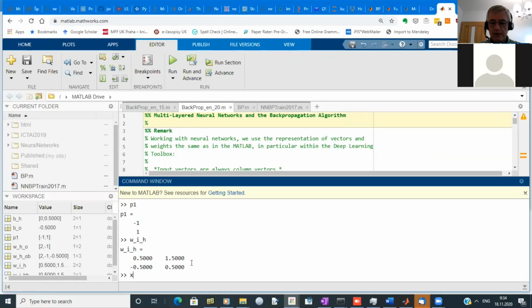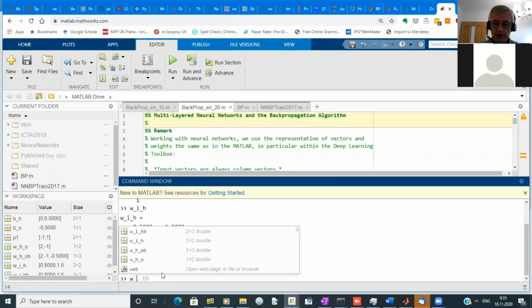So potential on the hidden layer for the first neuron. Of course we will need also the bias. We need not only one but also input to hidden biases.